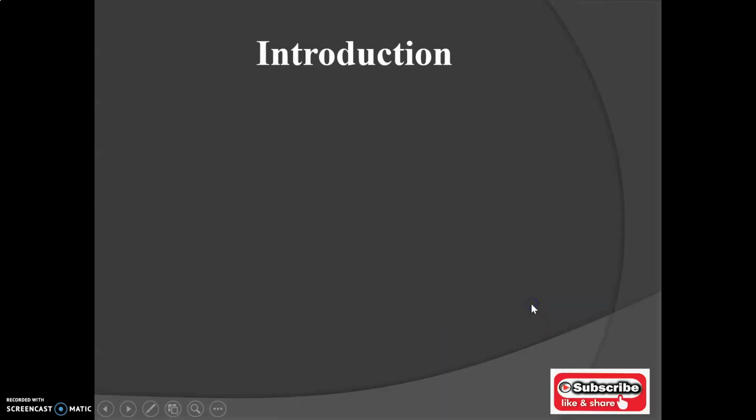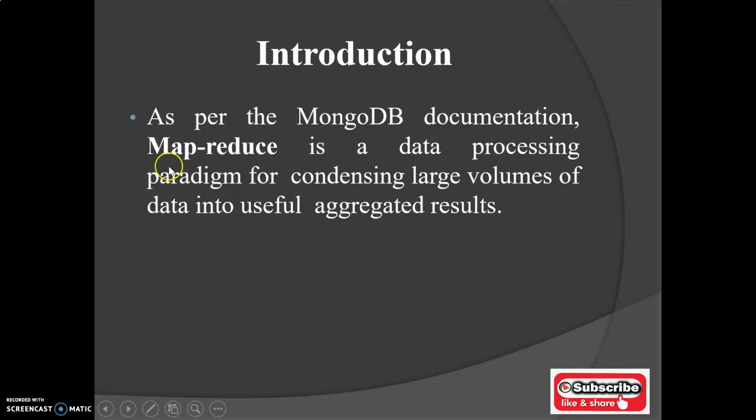Thank you. So what is an introduction of MapReduce function? As per the MongoDB documentation, MapReduce is a data processing paradigm for condensing large volumes of data into useful aggregated results. So here we have to focus on aggregated results.